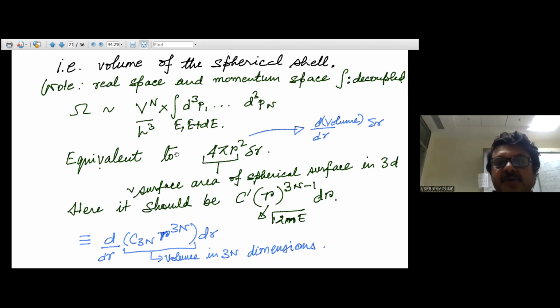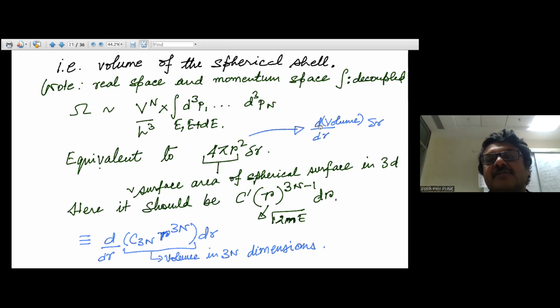Just to remind you, if you have to calculate the volume of that shell, suppose in 3D, we can write it as 4 pi r squared dr. The volume of a spherical shell in 3D is 4 pi r squared dr. Where does this 4 pi r squared come from?